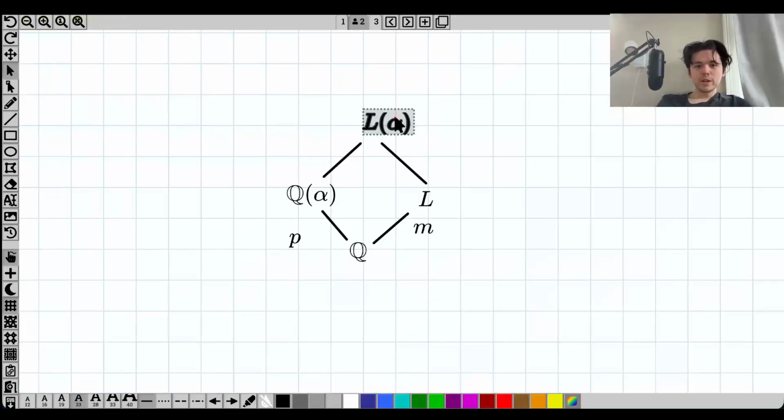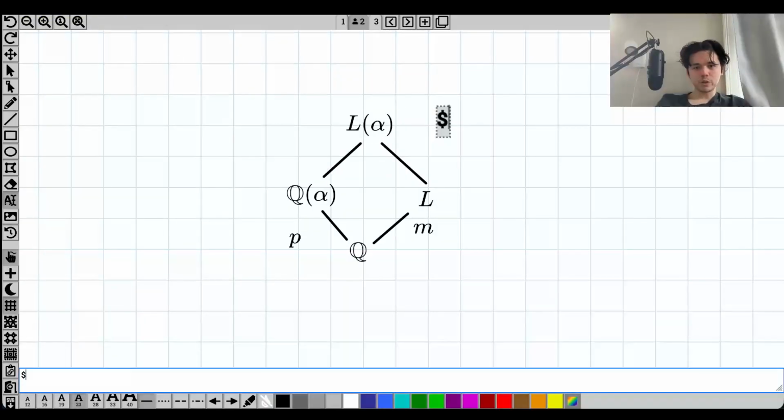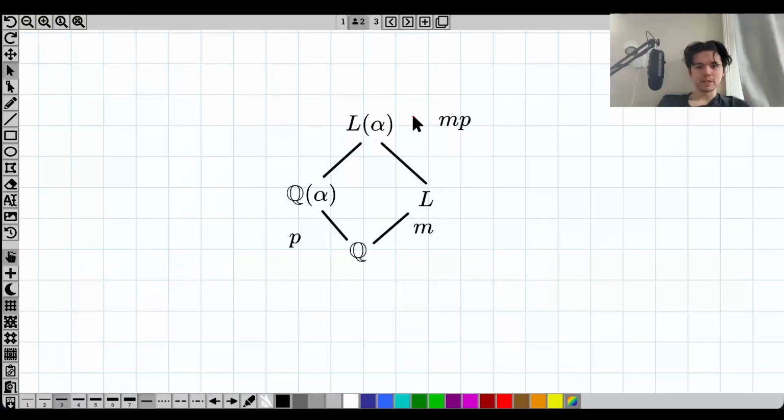Well, we know the degree of the compositum will be of degree at most mp. That's just a fact about composita of field extensions. It's not too difficult to show. And so what does that mean? Whatever the degree is between L and L of alpha will have to be something which divides mp over m, because you divide out here.